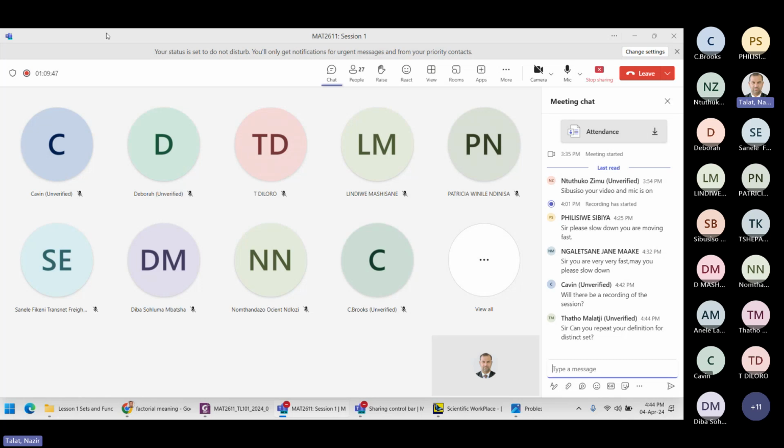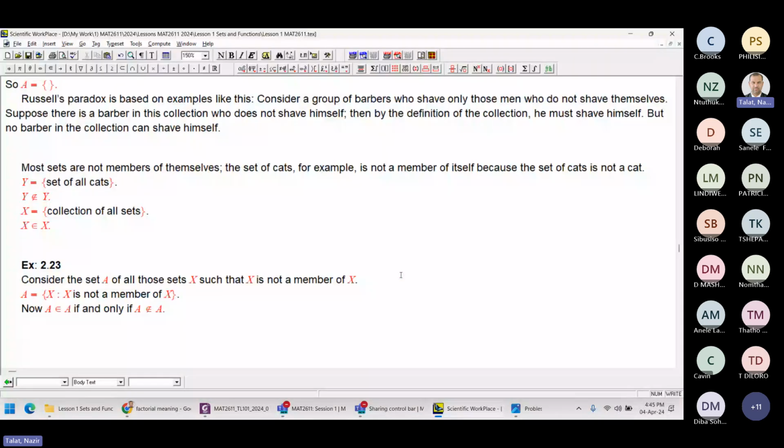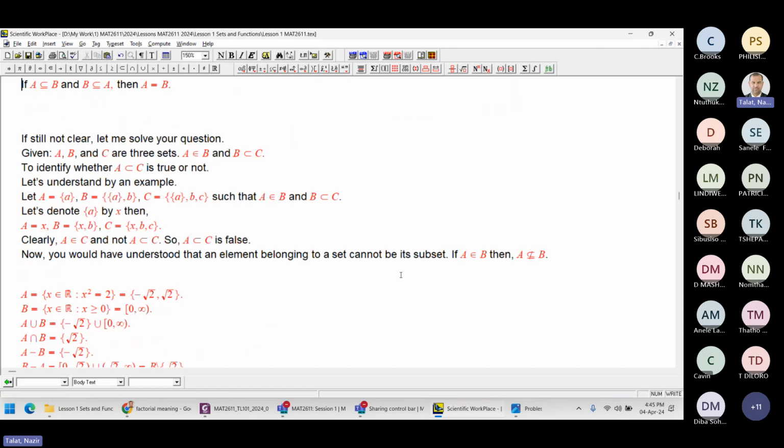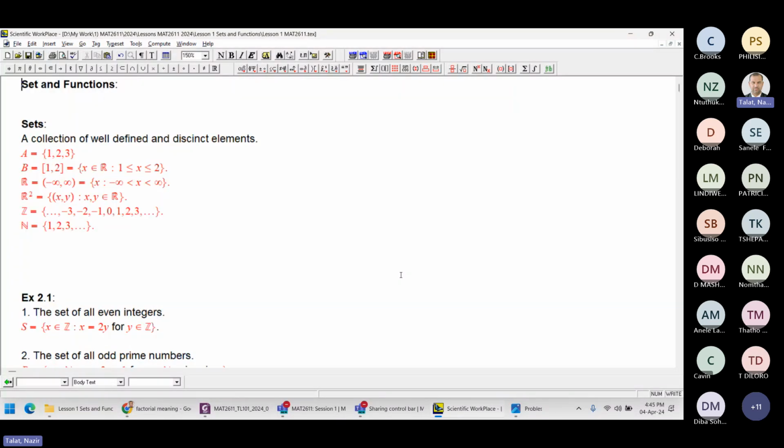Basically, distinct sets mean different sets. A set is actually a collection of well-defined and distinct elements. This is a good question, I appreciate it, and I again tell you to please focus on the two words: one is well-defined, and the other is distinct.